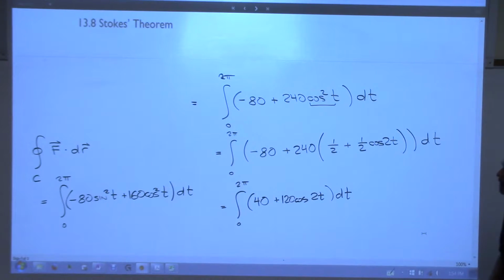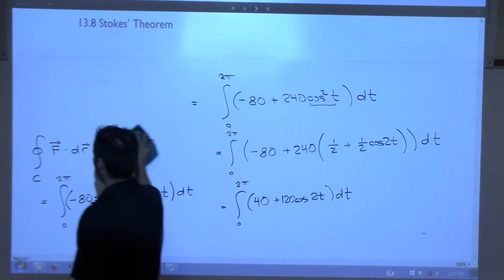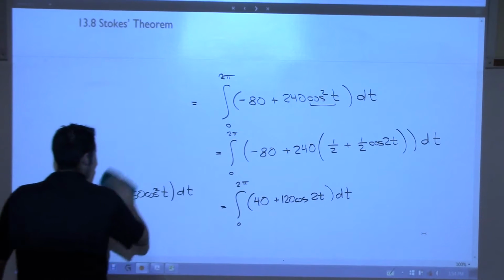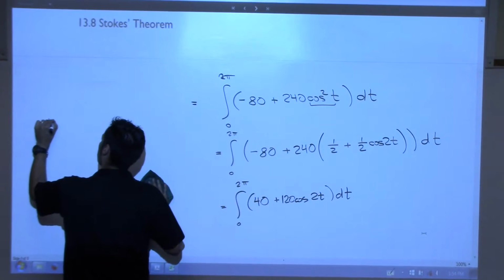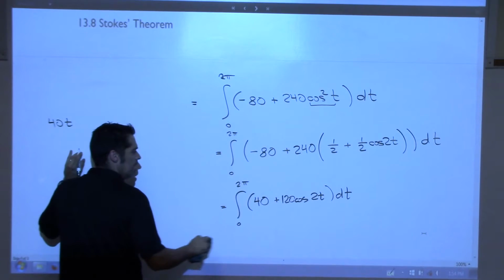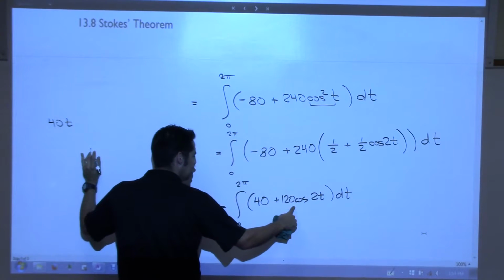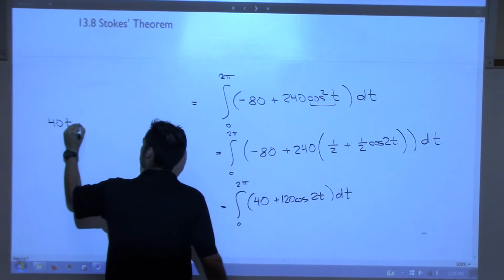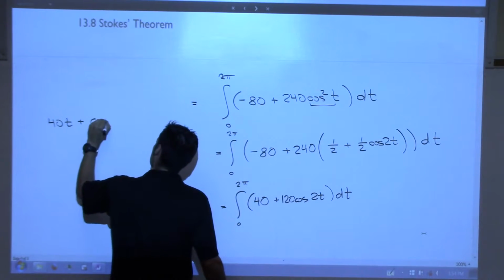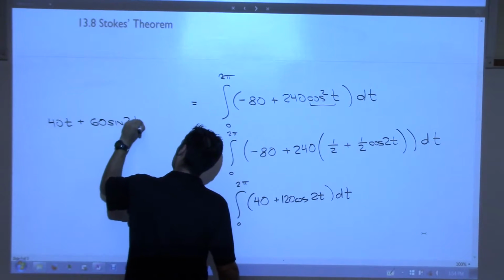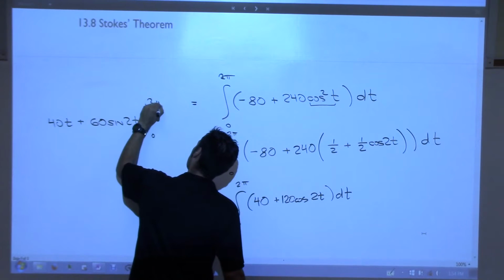All right, ready to integrate, finally. Antiderivative of 40 is 40t. And then here, antiderivative, you've got to do some scaling. It's going to become like 60 sine 2t, and I'm evaluating 0 to 2 pi.